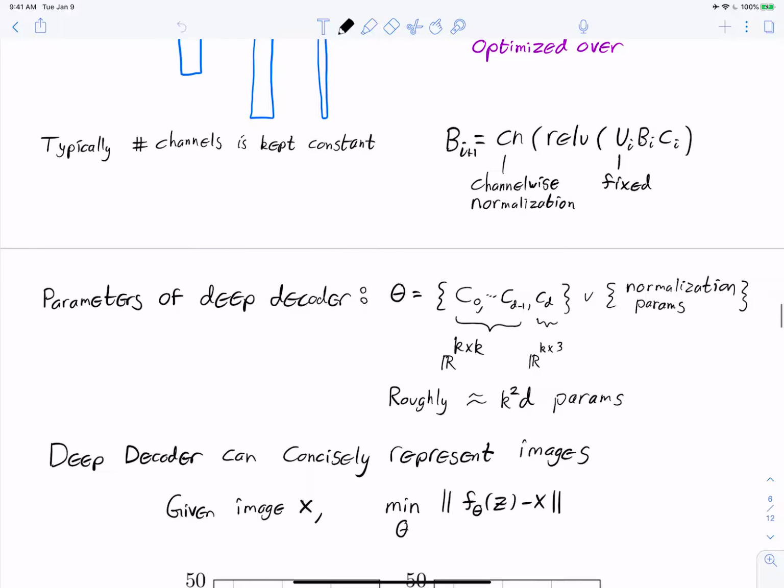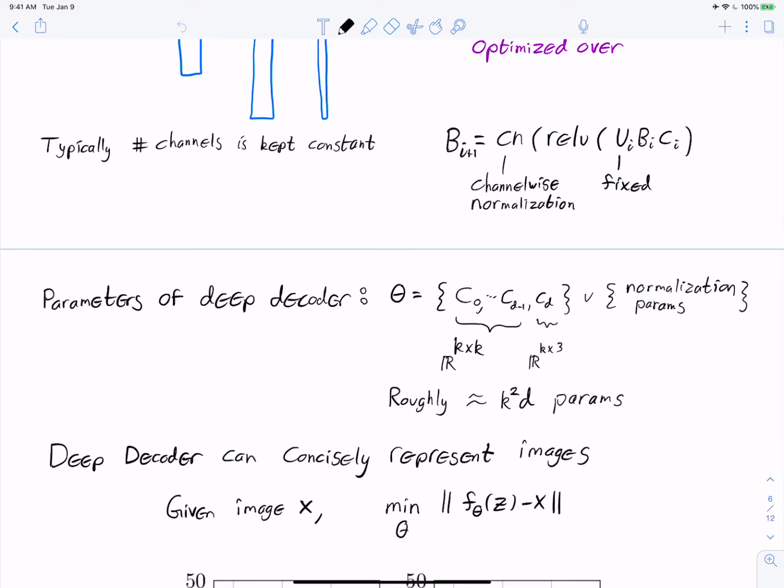But here we can talk about what the parameters of it are, the things that are actually optimized at inversion time. And this we'll call theta, and these include all of the C's, so C_0 up to C_{D-1}, which are all K by K matrices. And then in the very last layer, the one that converted it to have a 3-channel output, it's a K by 3 matrix.